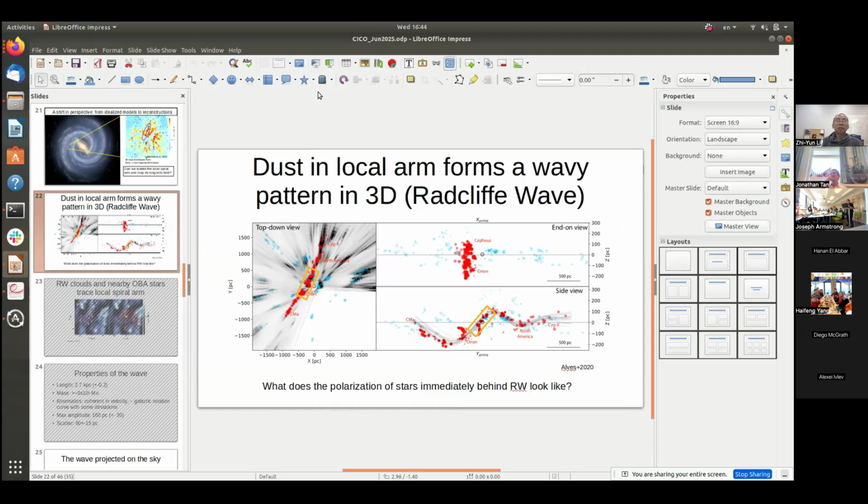The first sort of theory or idea was that there was some disturbance of the disk caused by some dwarf interaction. People looked at the stars. Stars with different ages show different types of perturbation. The older stars in the disk do not show a perturbation in their kinematics. The younger stars do.